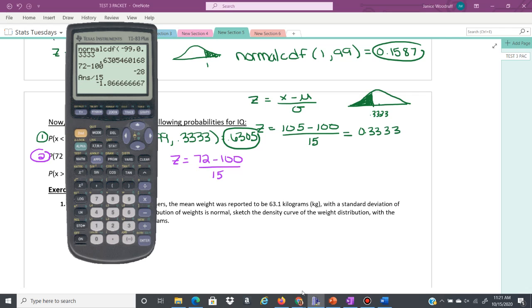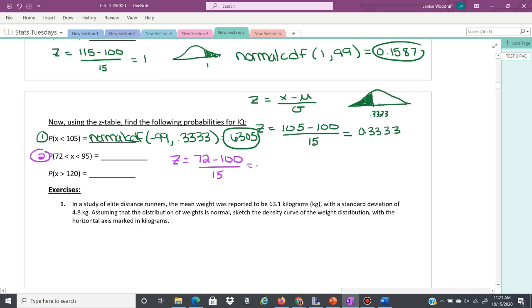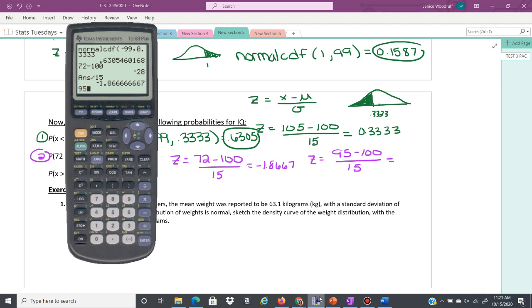So that's going to give us -1.8667. And then the z-score for 95. 95 minus 100 over 15. And that'll give us negative 0.3333.